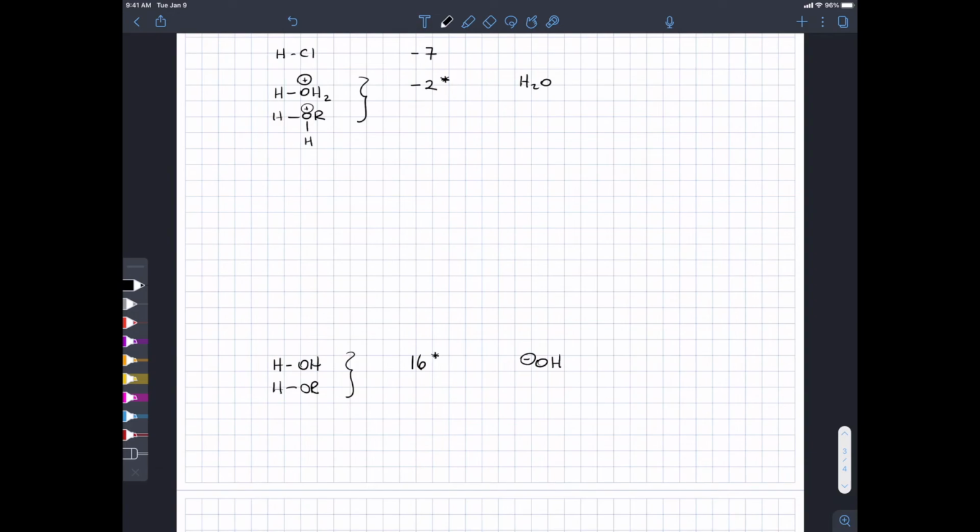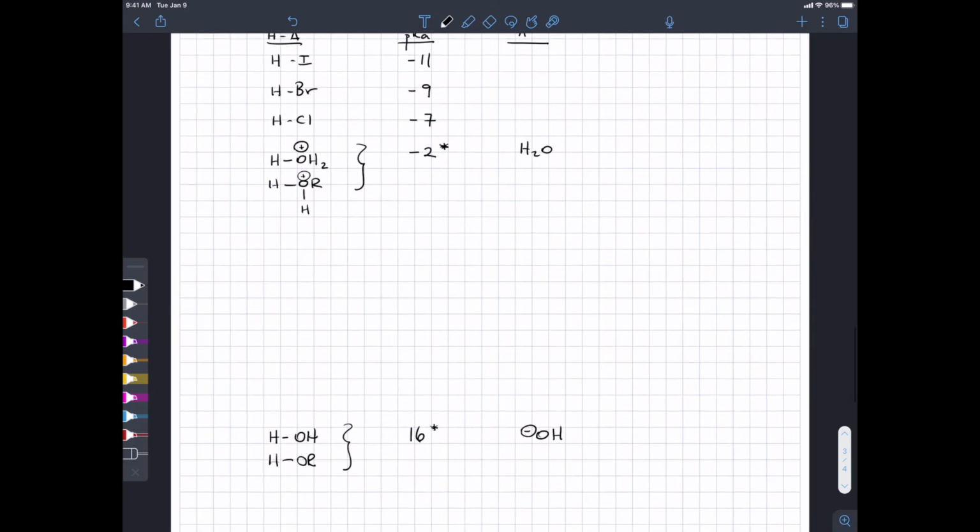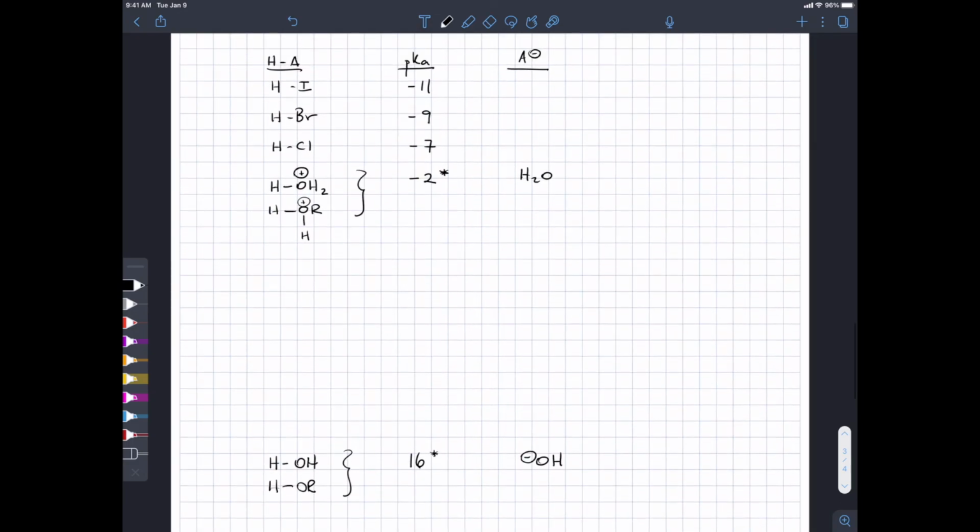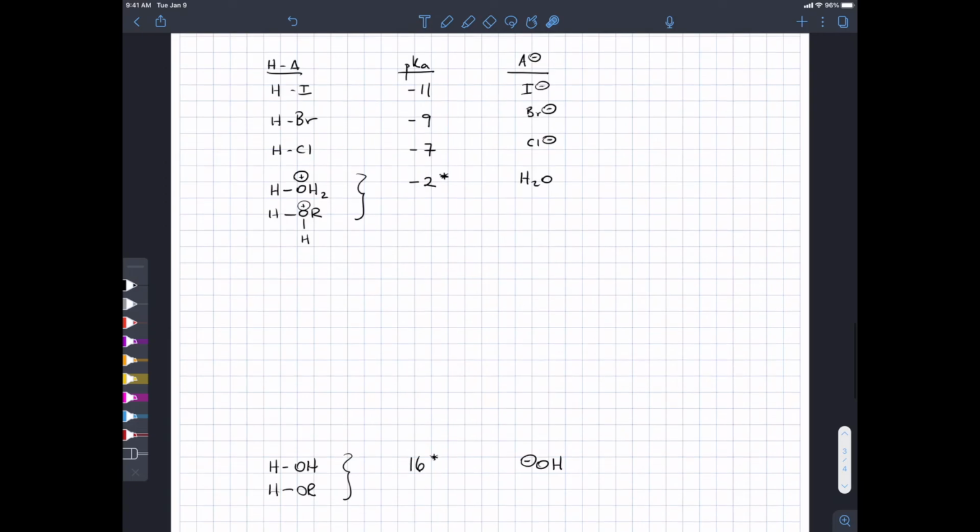Anyway, sneeze impression, sorry. So let's talk about some acids that are intermediate. Oh, and I guess we should draw the conjugate bases of each of these acids. This also allows us to talk about something called the leveling effect of water.